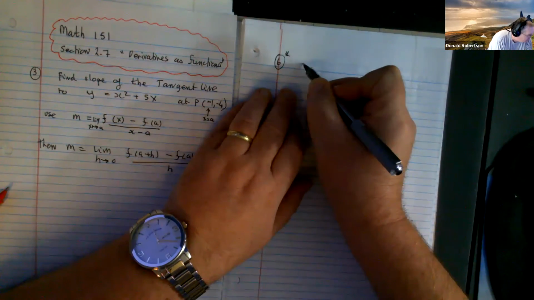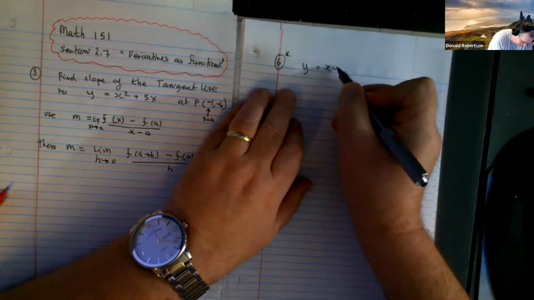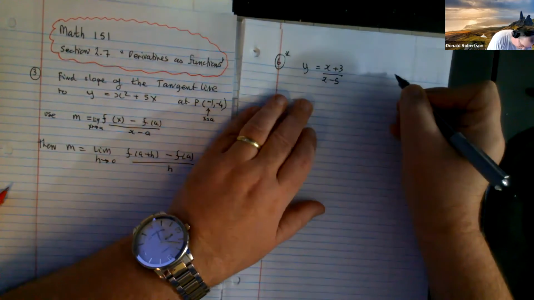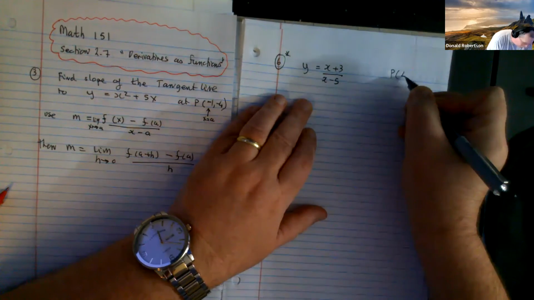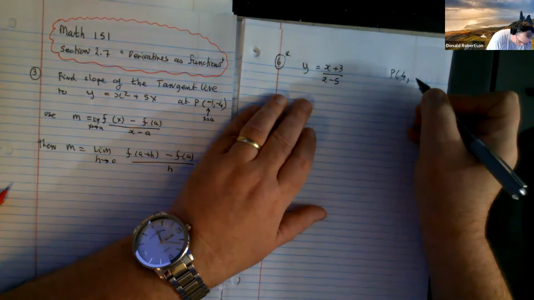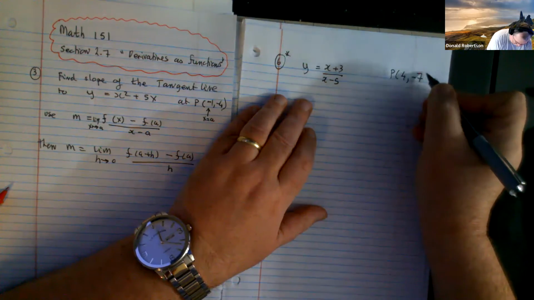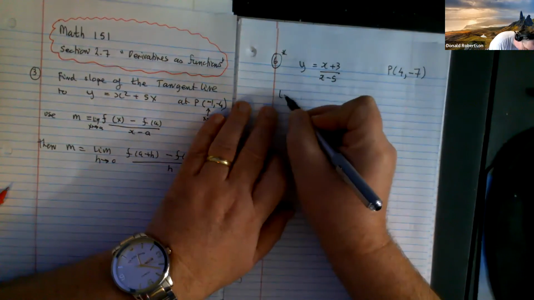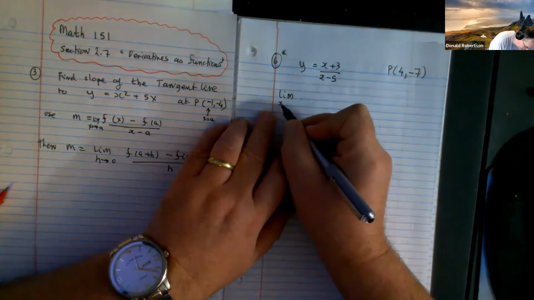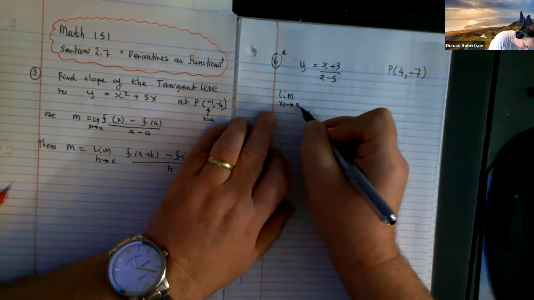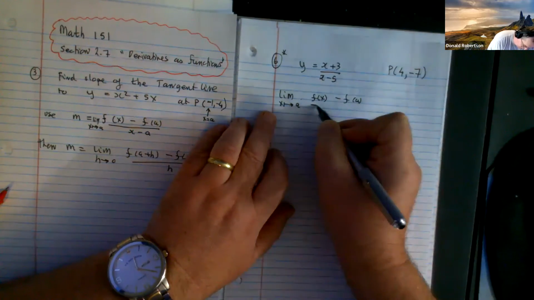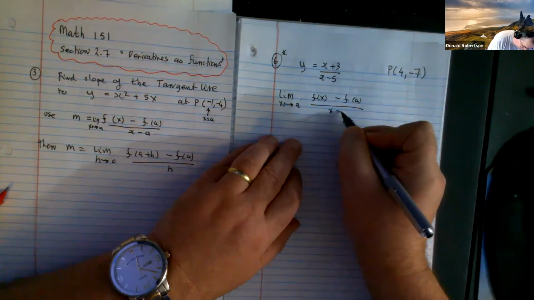The function that we're going to be using is this guy, and it's going to be at the point (4, -7), okay? And I'm going to do the limit as x tends to a of f of x, take away f of a over x minus a.